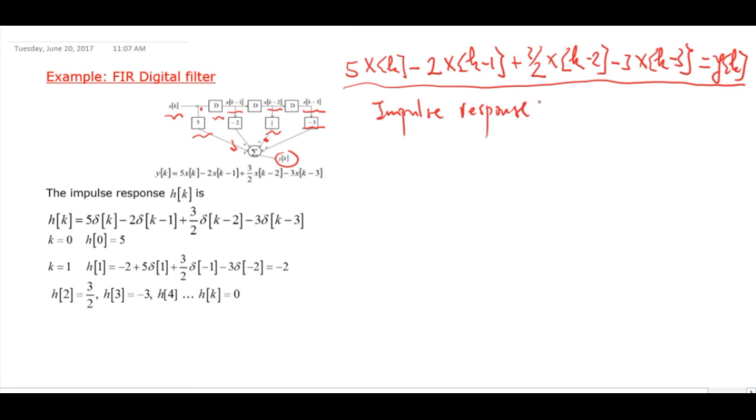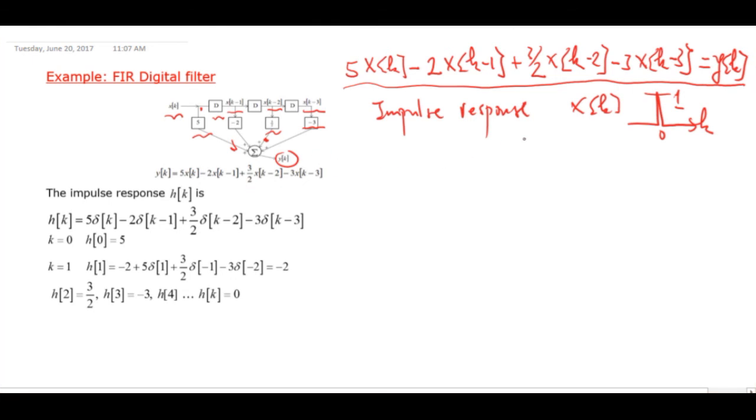Now we just come to finding the impulse response. This is a filter here. Suppose we give xk an impulse, k equal to 0, value 1. How will the filter output respond?